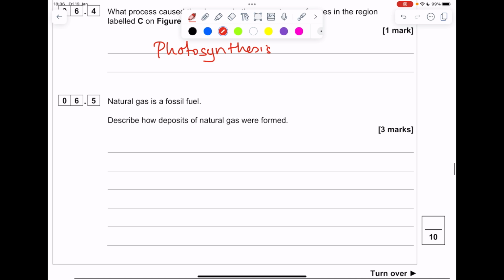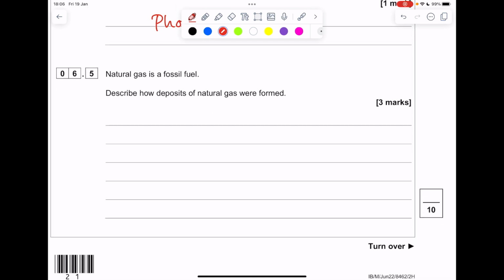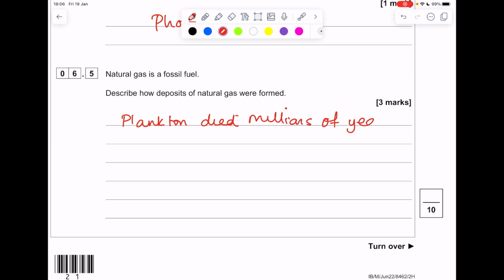Natural gas is a fossil fuel. Describe how deposits of natural gas were formed. Plankton died millions of years ago and became buried under lots of layers.